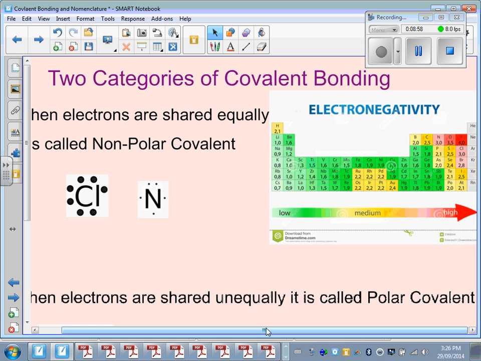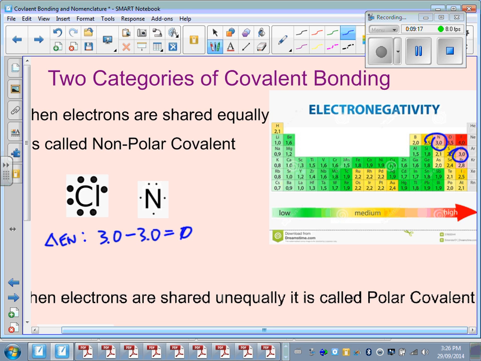If we look at nitrogen here, nitrogen has an electronegativity of 3, and chlorine also has an electronegativity of 3. So if we take the electronegativity difference, it is 3.0 minus 3.0, which is 0. There is no electronegativity difference.